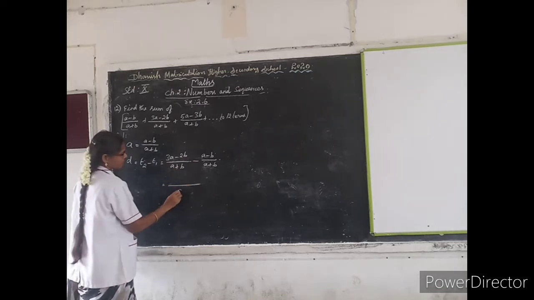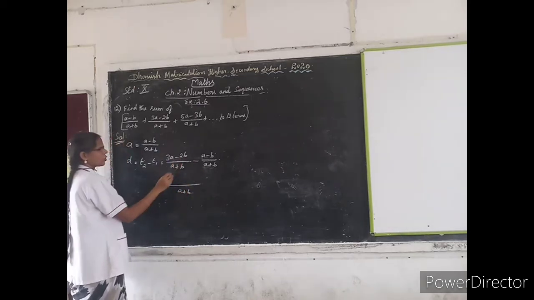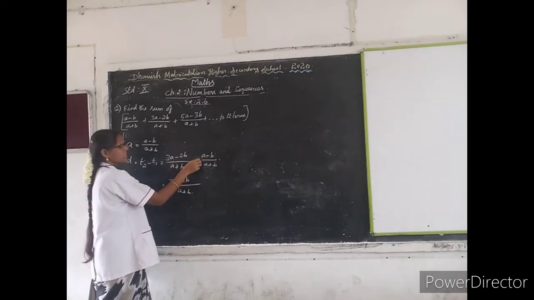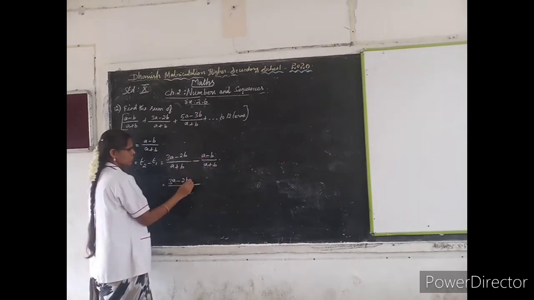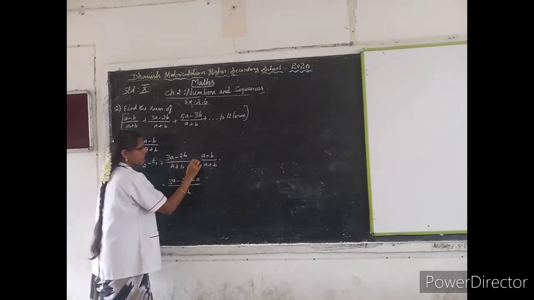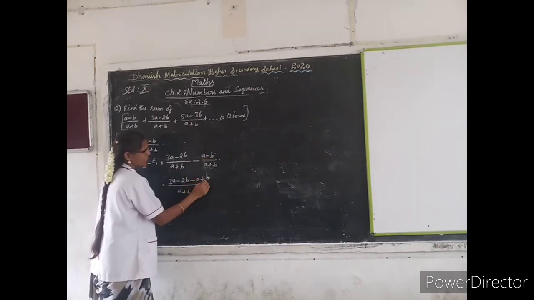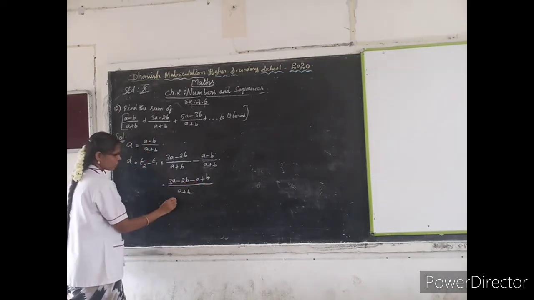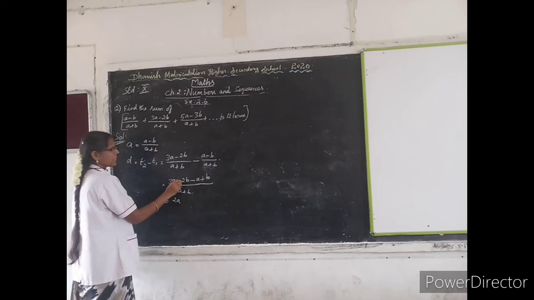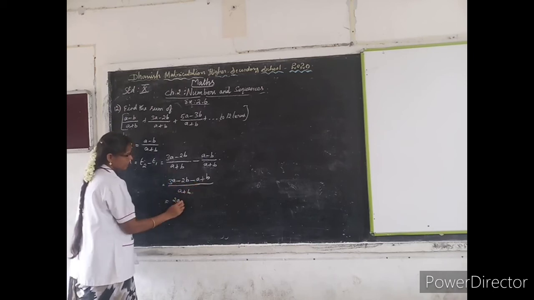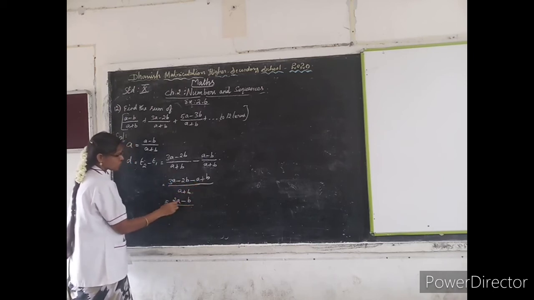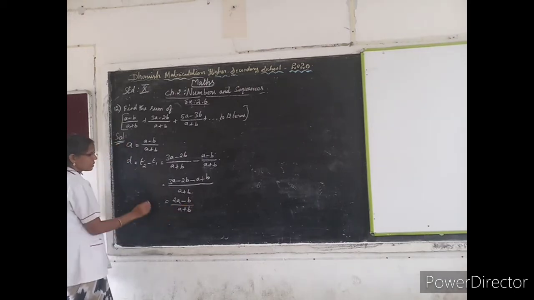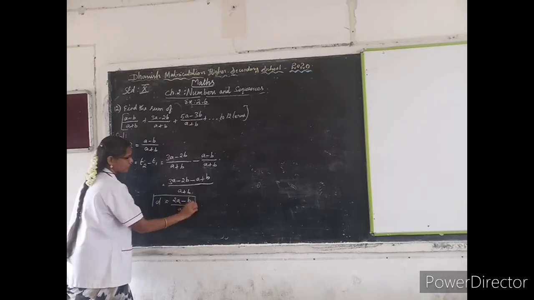So LCM is a plus b. What about numerators? 3a minus 2b. This minus is common for a and b, so minus a, and minus into minus gives plus b. Now 3a minus 1a is 2a, minus 2b plus 1b is minus b, so the common difference is b by a plus b. This is our common difference.